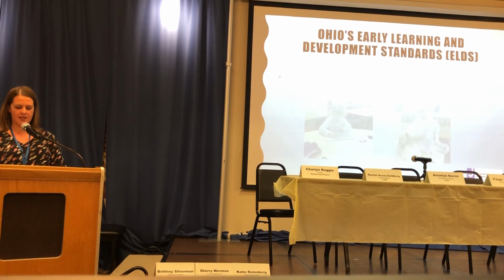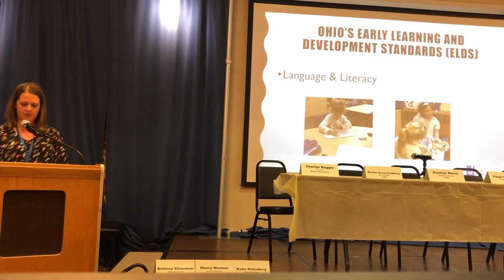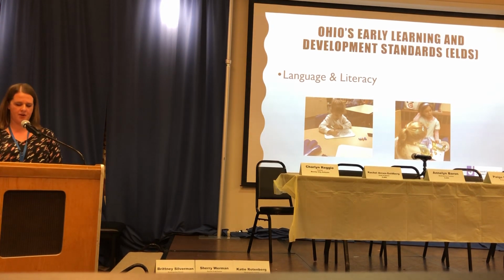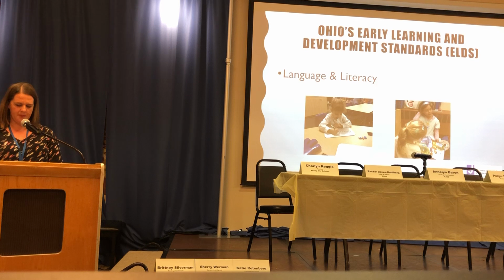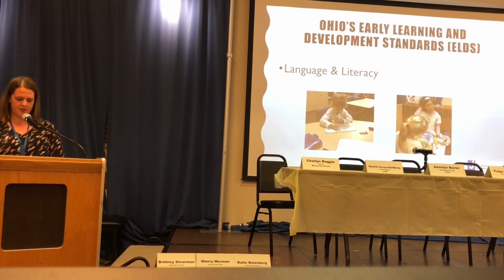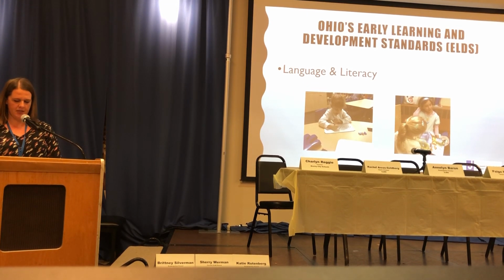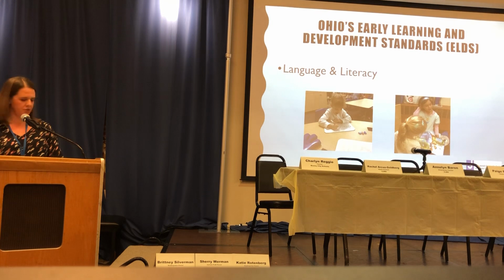The next domain is language and literacy. This reflects the knowledge and skills fundamental to children's learning of language, reading, and writing. Competencies in this area pertain to a growing ability to communicate effectively with adults and peers, and to express themselves through language and use growing vocabularies and increasingly sophisticated language structures.